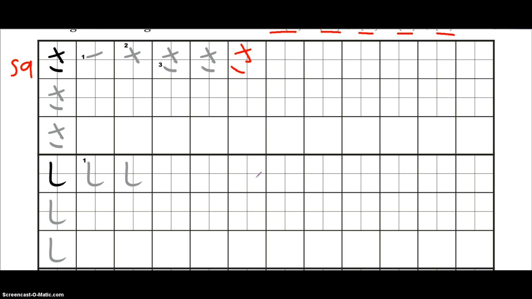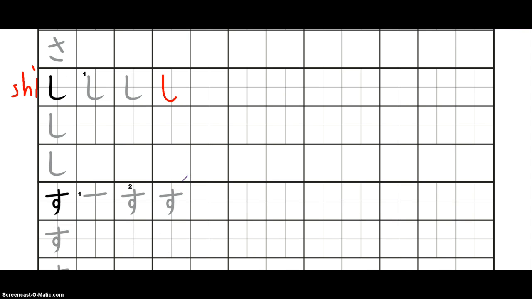Okay, then Shi. So Shi is quite easy, it's just like a fish hook. Okay, then we have Su, so horizontal line, straight down, turn around and downwards.